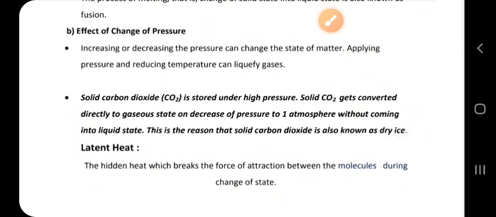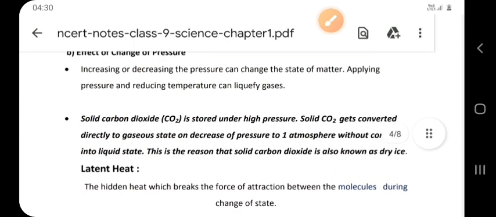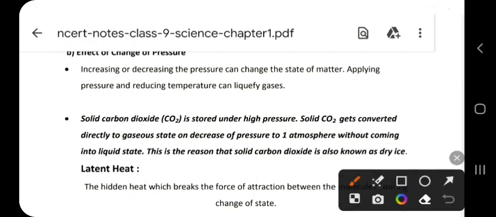Effect of change in pressure. Increasing or decreasing the pressure can change the state of matter. Applying pressure and reducing temperature can liquefy gases. I give you the example of LPG and CNG.